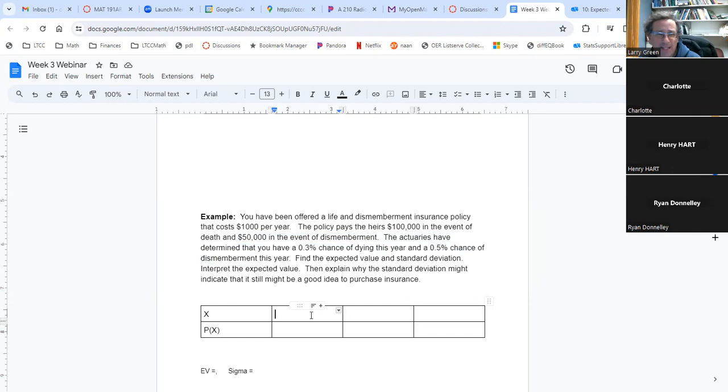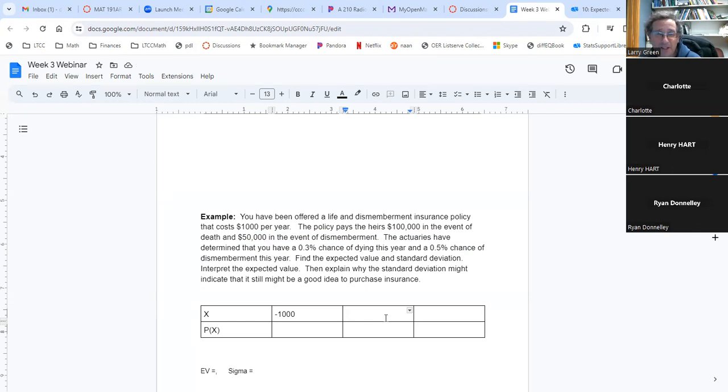Okay, so what is X? Again, we're looking at profit in this case. So what's one of the values of X that could happen? Yeah, negative 1,000. What's another value of X that could happen?